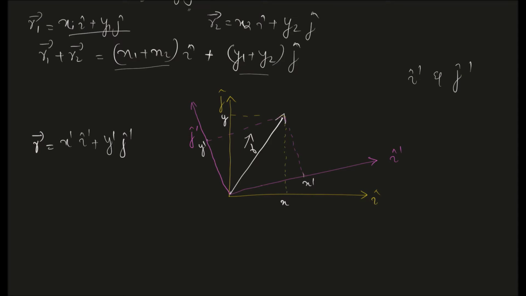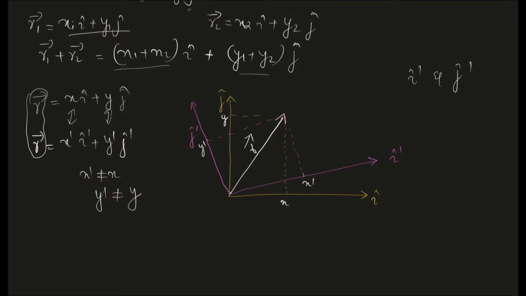Now you can see that x prime is not the same as x, and y prime is not the same as y. So even though it is the same vector, the components are not identical, because it depends on the coordinate system we choose.